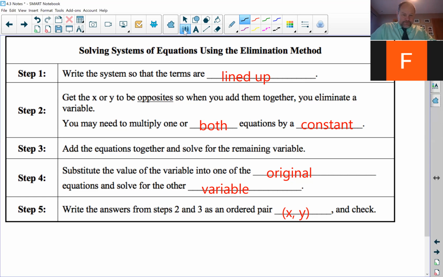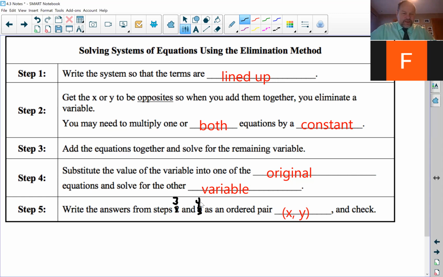Once we have the value for one variable, just like with the substitution method, we take that value, plug it in for the variable in one of the original equations, and solve for the other variable. And then if you have the packet, there is a typo.